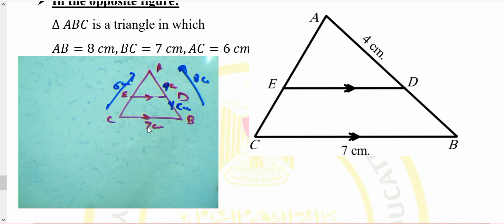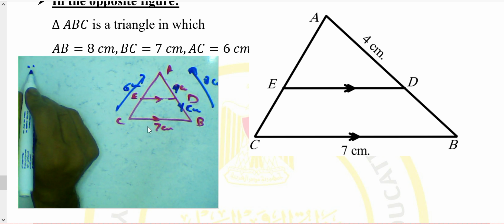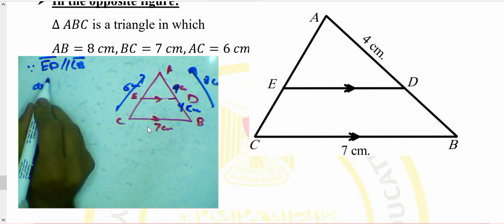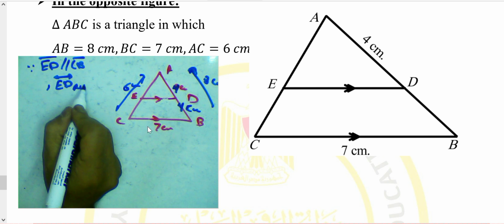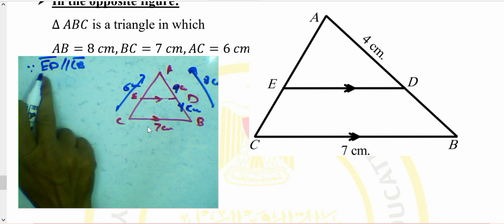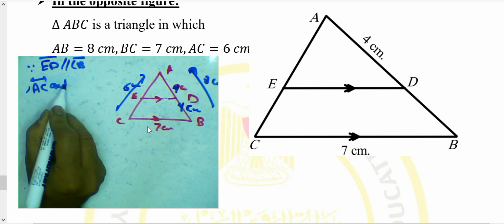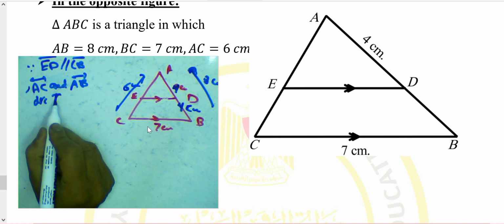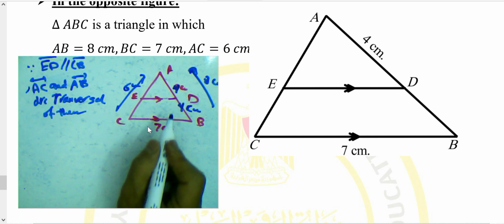You want to prove that the two triangles are similar. First, we can write like this. We have ED parallel to CB, and AD, and again ED parallel to CB and AC. EC and EP are transversals of them.